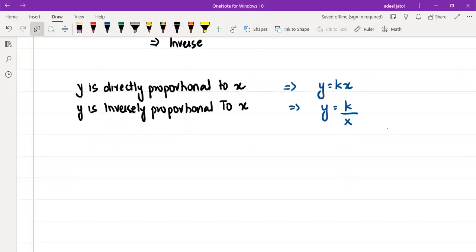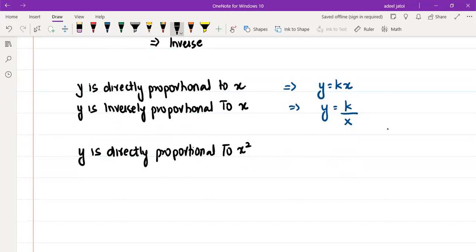If we continue with what type of formulas can be tested in the CIE examinations, we should know that y is directly proportional to x square. This is another type of formula that can come. So that means y is equal to kx square.